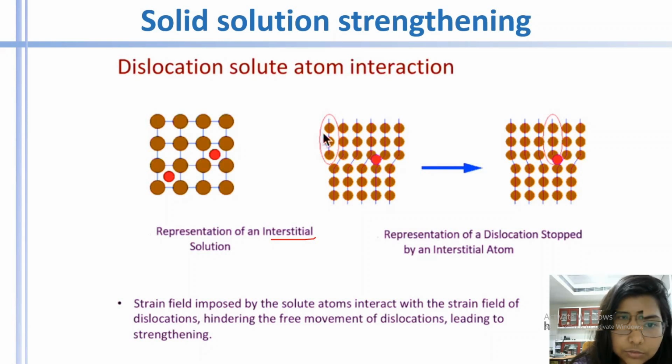This was the extra half plane, and it is moving in this direction. When it came here, it got stopped. So this is the representation of a dislocation stopped by an interstitial atom.